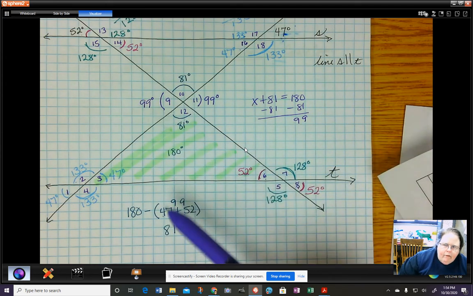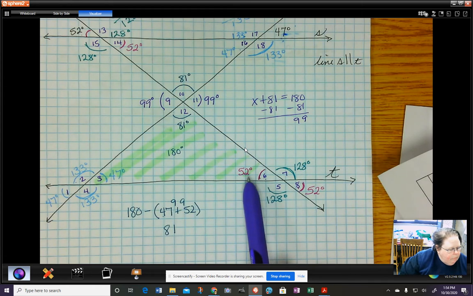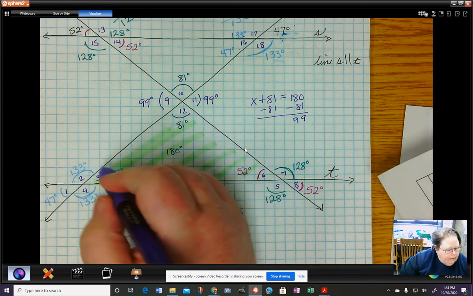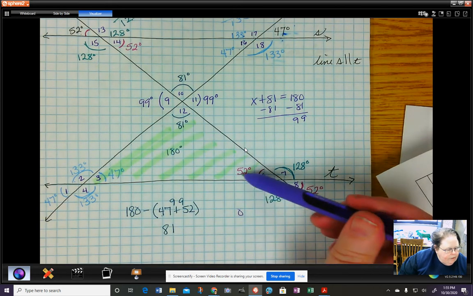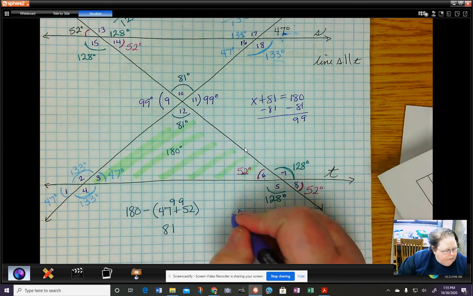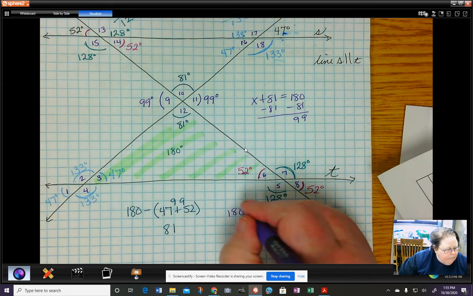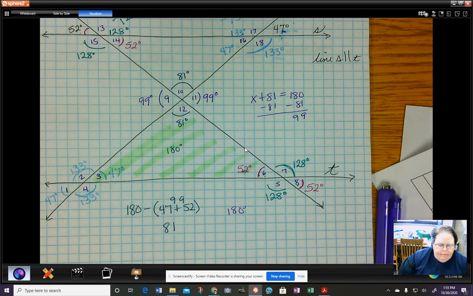Well, we can find out. 47 plus 52 plus 81: 7 plus 2 plus 1 is 10, so we get a 0, carry our 1. 4, 5, 9, 18. We get an 8 and 10, and we get 180 degrees. So we did. We got what we needed. And we are done. Easy peasy lemon squeezy.